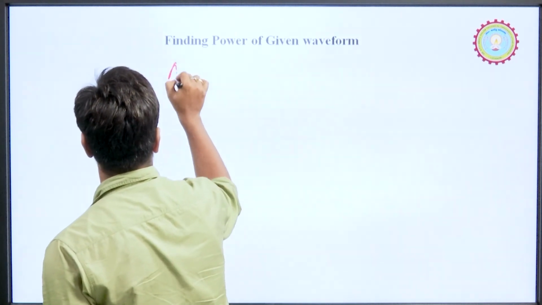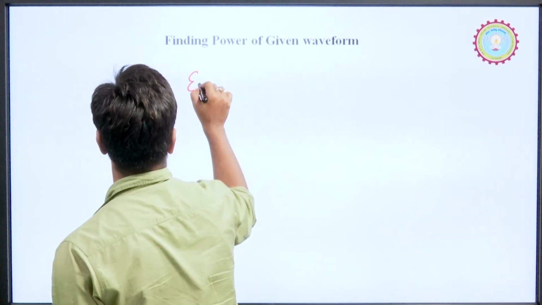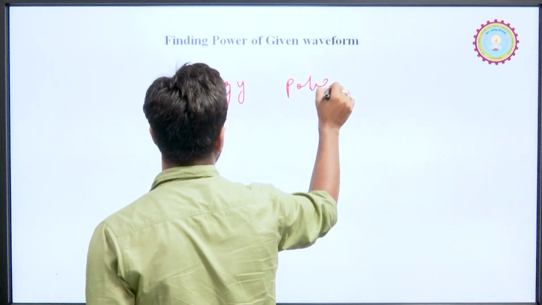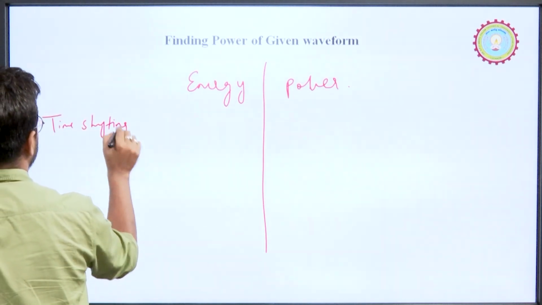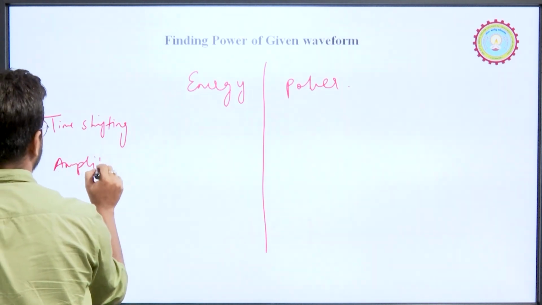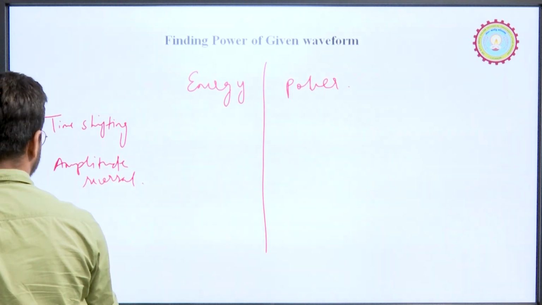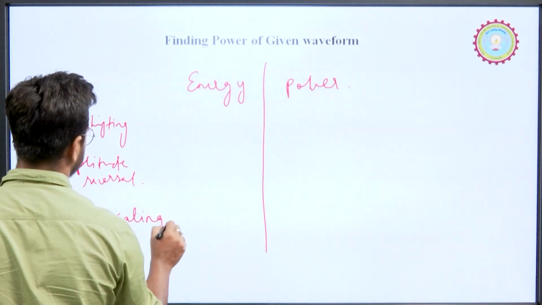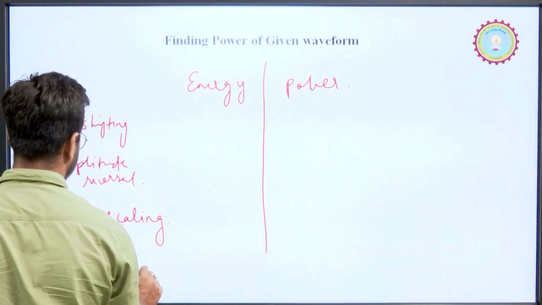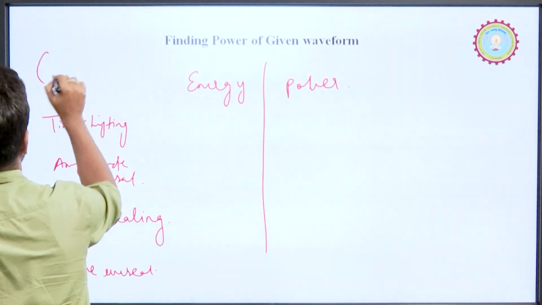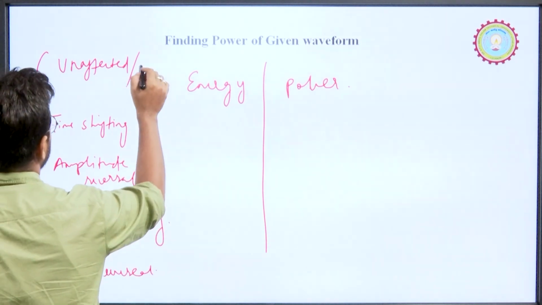for power. So, finally, average, power, energy against the operations time shifting, amplitude reversal, time scaling, you have to find which of the operations affect the value of energy and which leave it unaffected.